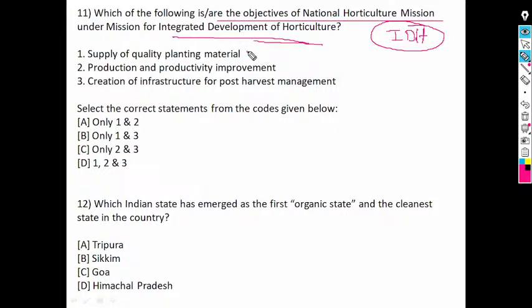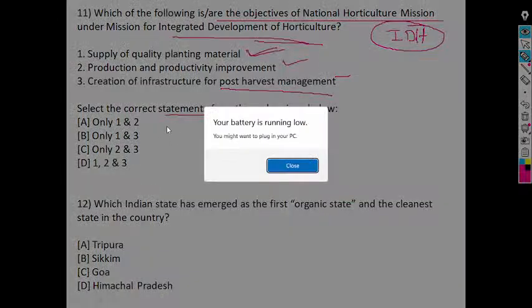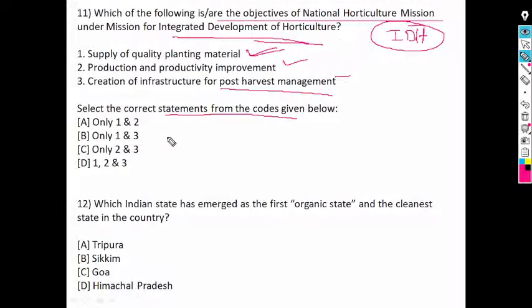Supply of quality planting material, production and productivity improvement, creation of infrastructure for post-harvest management. Then select the correct statements from the code given below: only 1, 2 are correct; only 1, 3; only 2, 3; and 1, 2, 3.